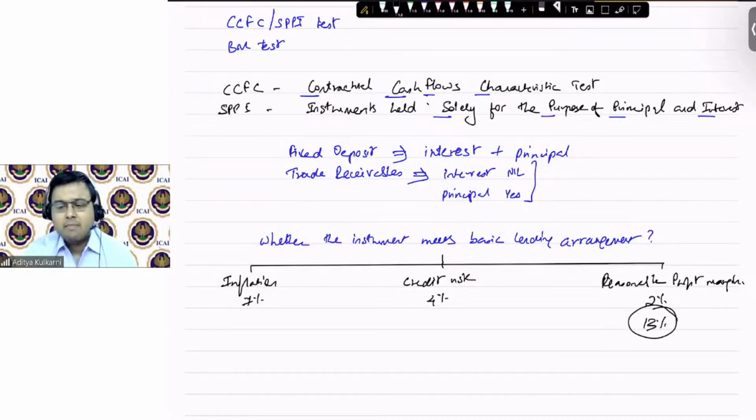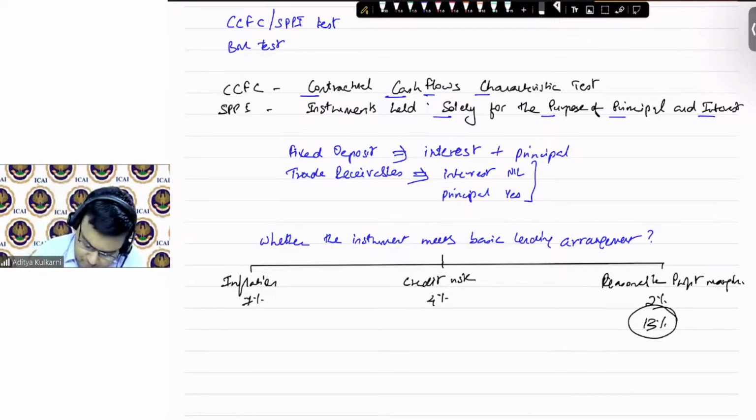A reasonable return of 13% is what you will expect, along with return of principal. If this is only what you are expecting, if this is only the purpose behind holding that financial asset, then yes, your instrument passes the CCFC test. Your instrument passes the SPPI test.